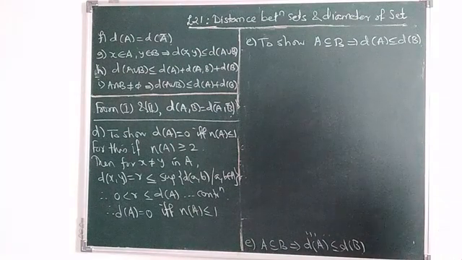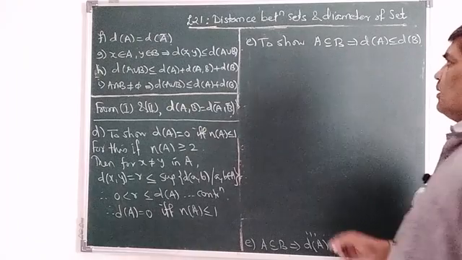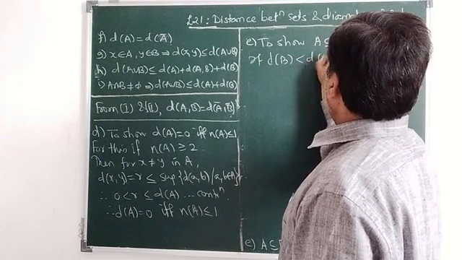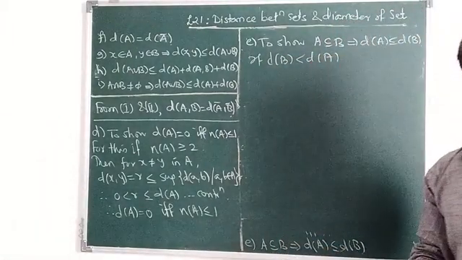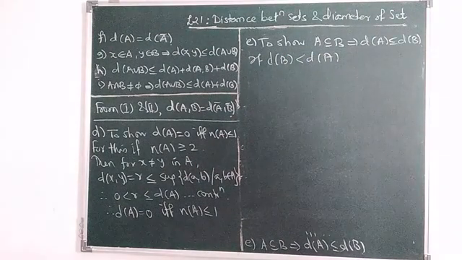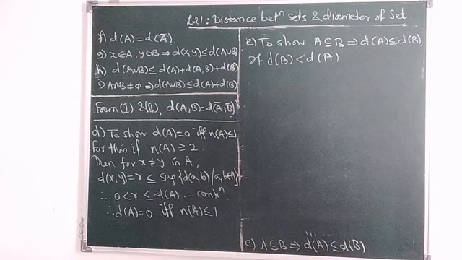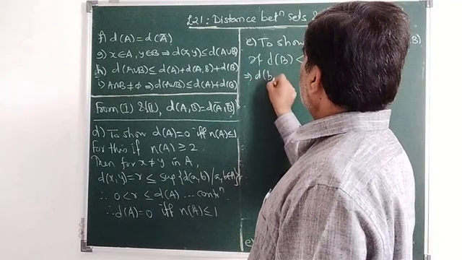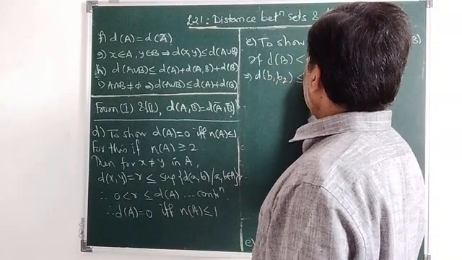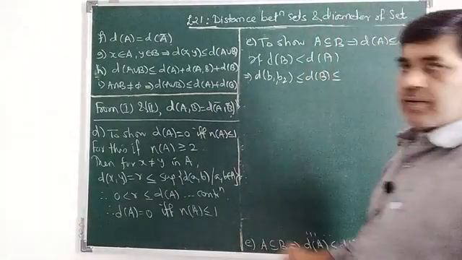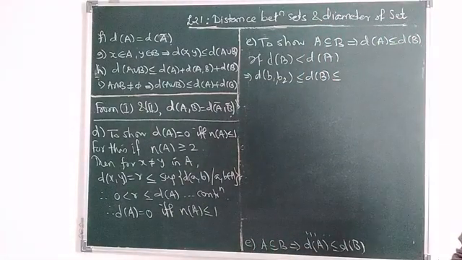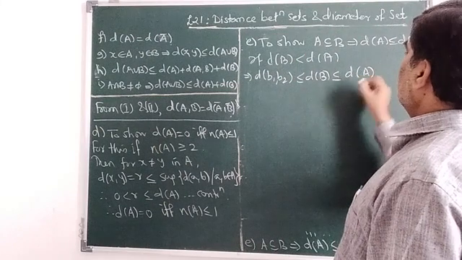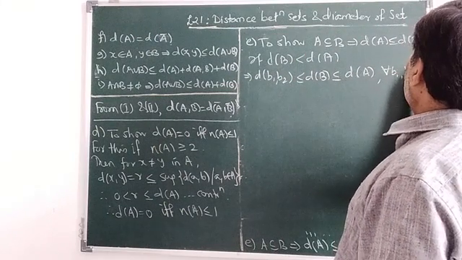For this, we'll assume that diameter B is less than diameter A, which implies d(b1,b2) is less than or equal to diameter of B, which is less than diameter of A, for any b1, b2 belonging to A.